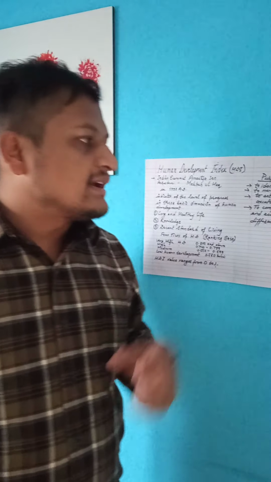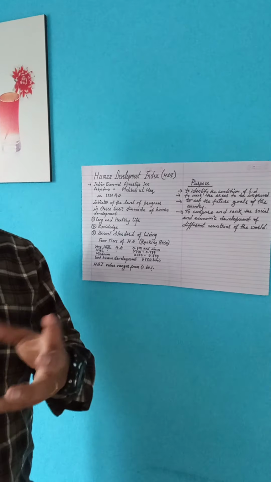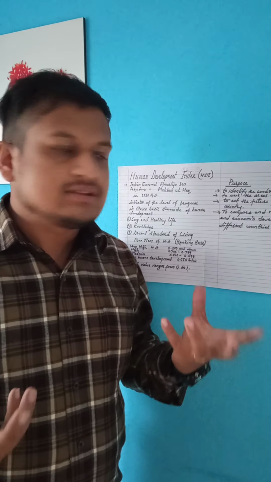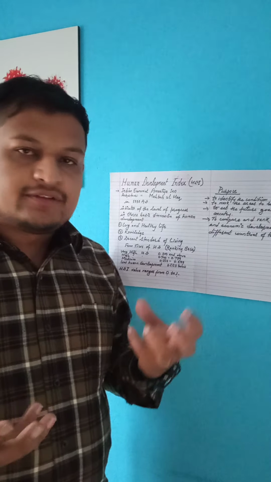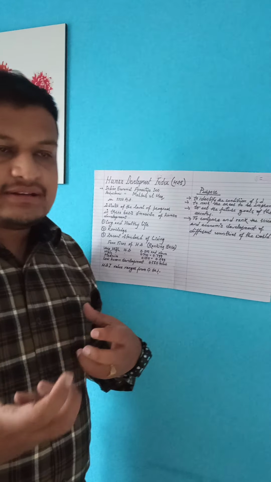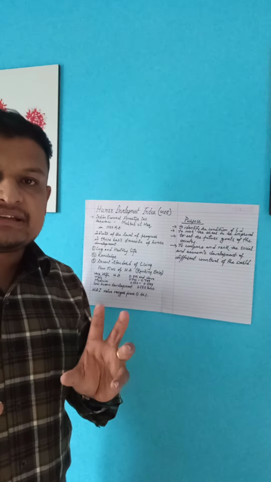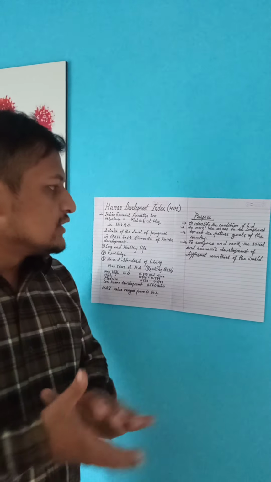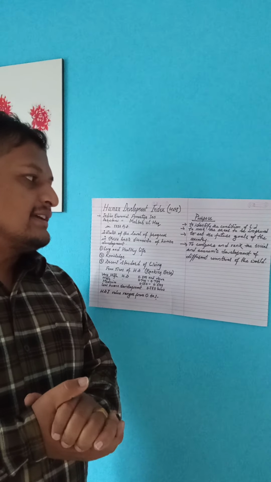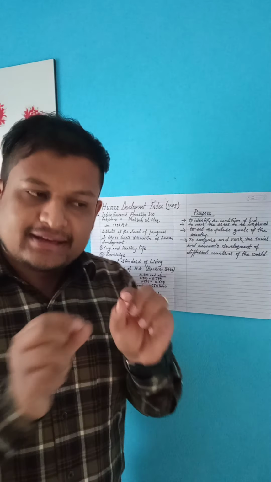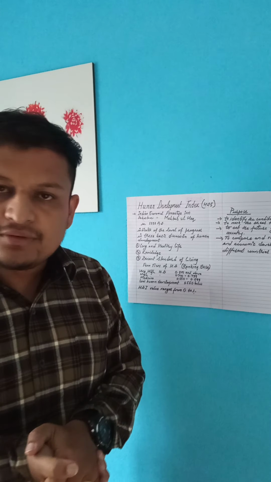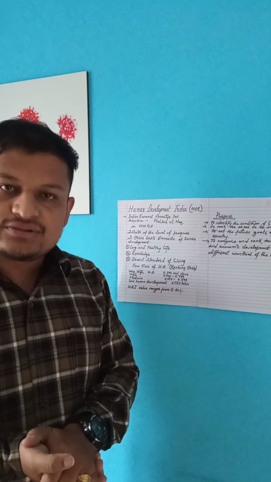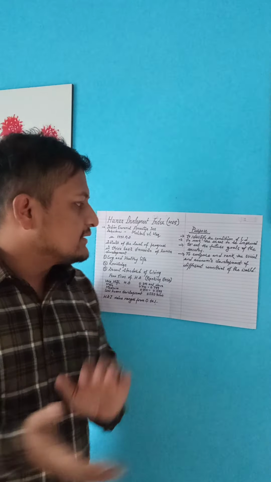The main purpose is to identify the condition of human development of any particular nation, for example in Nepal or India or any other country. This will give the country's status, and that will reveal the areas to be improved as well. We can easily mark the areas to be improved on the basis of the HDI score of any nation.